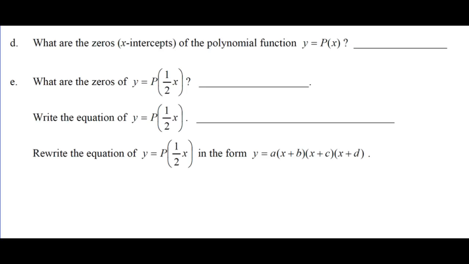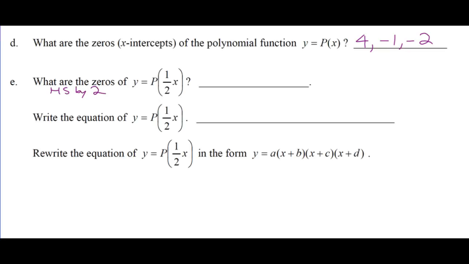What are the zeros or the x-intercepts of the polynomial function? So the original function. What were they? 4. Okay, so I have x-intercepts of 4, -1, and -2. What are the zeros of y equals p of 1/2 x? So what's happening here? So I got an hs by 2.